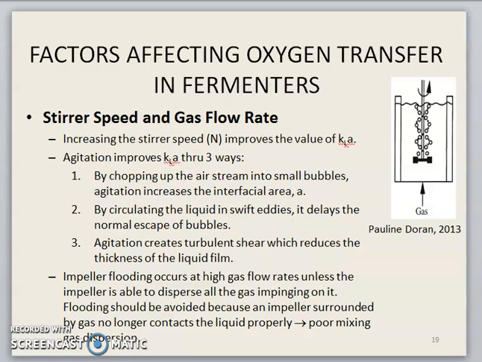Flooding should be avoided because an impeller surrounded by the gas no longer contacts the liquid properly, meaning that the gas surrounding the shaft and the impeller will not be in contact with the liquid in the fermenter, which results in poor mixing and gas dispersion. Therefore, we need to avoid the flooding.